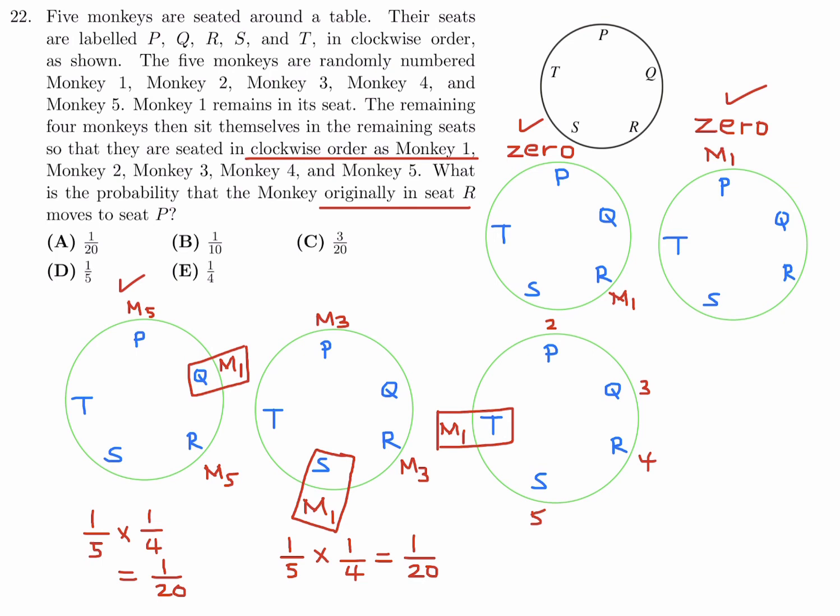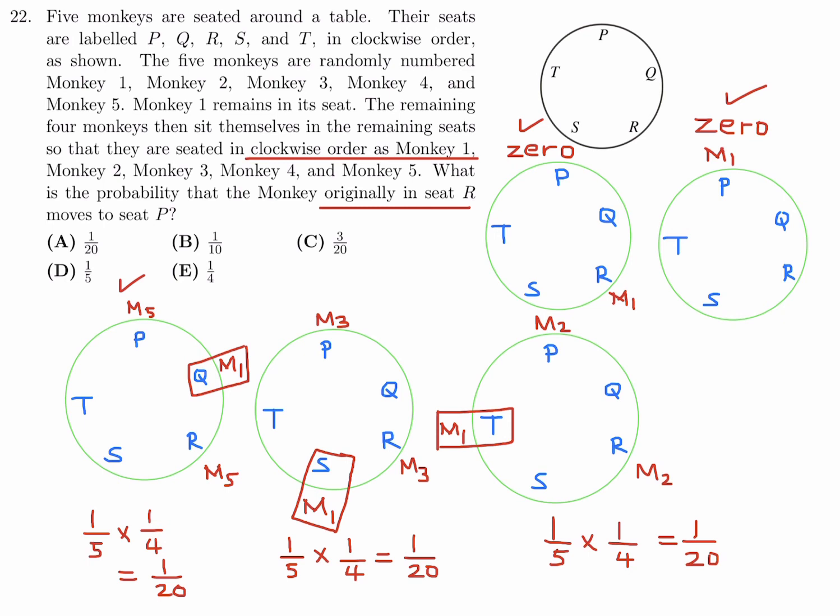So monkey 2 is going to end up in P, so he must have to originate at R. He's sitting there, but then after the rearrangement happens, he ends up going to P. So in the same way, what's the probability of choosing seat T for monkey 1? Well, 1 out of 5. And then what's the probability of choosing seat R for monkey 2? Well, he had only 4 choices, so it was 1 out of 4. And that again is 1 over 20.